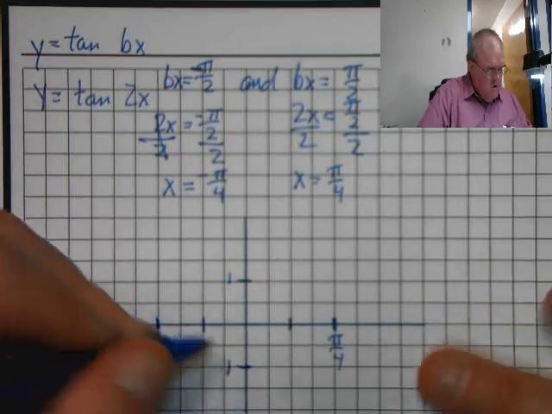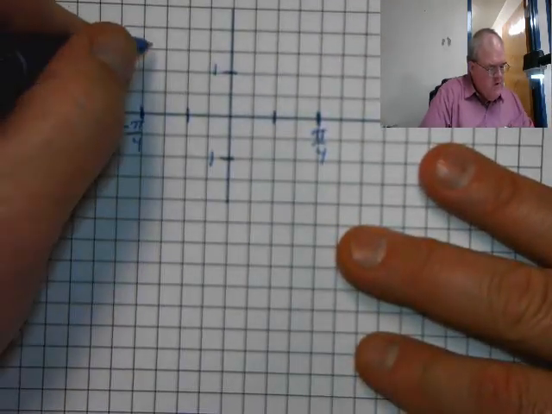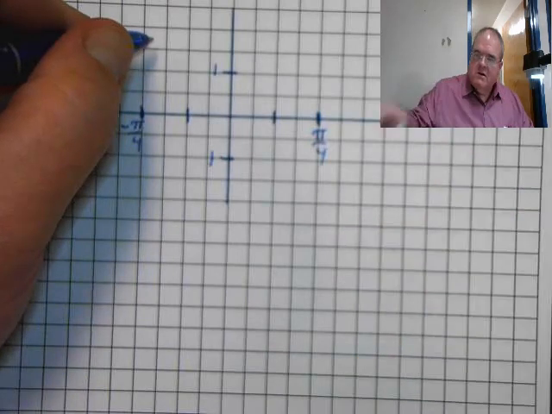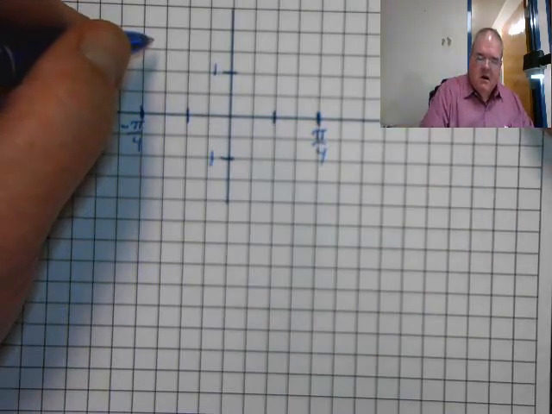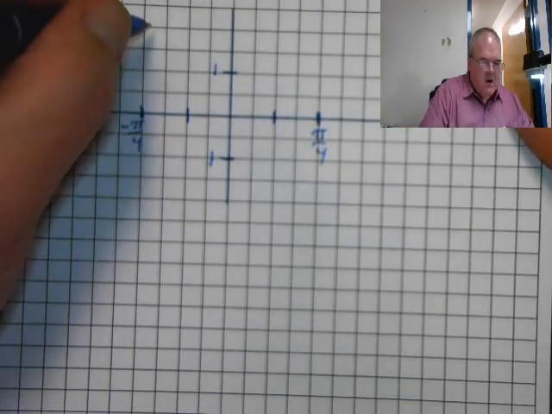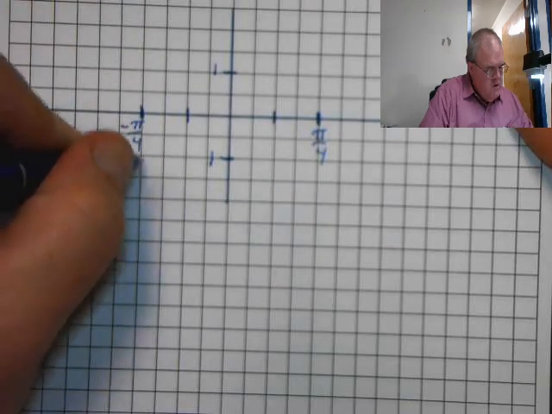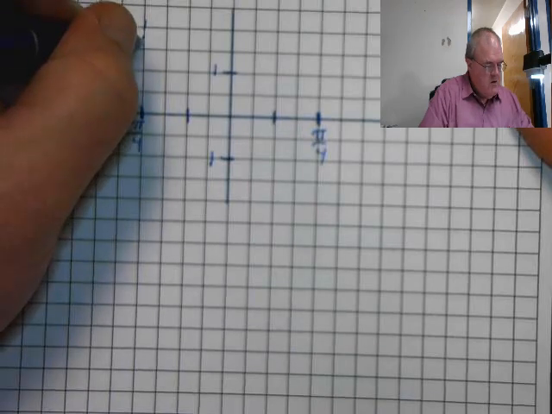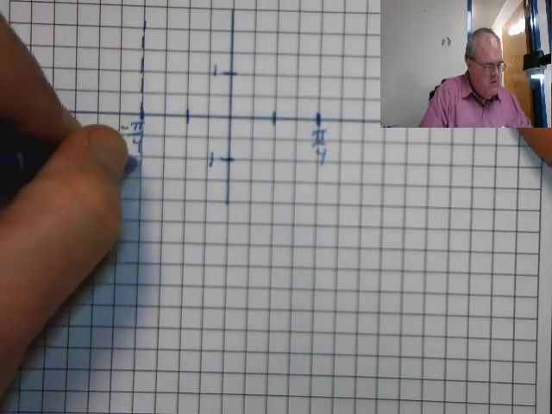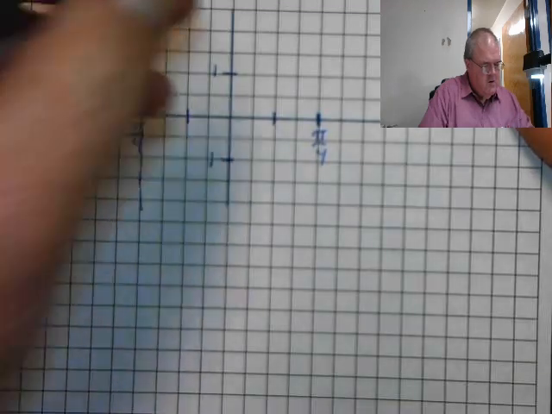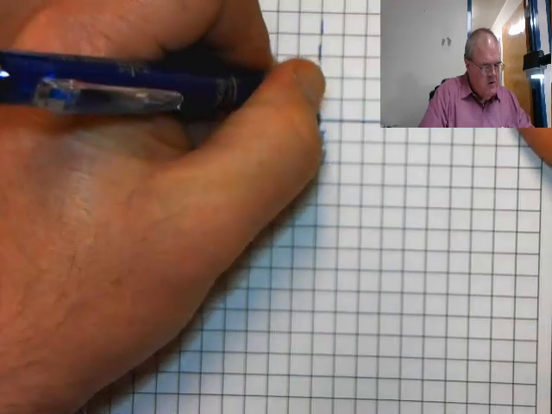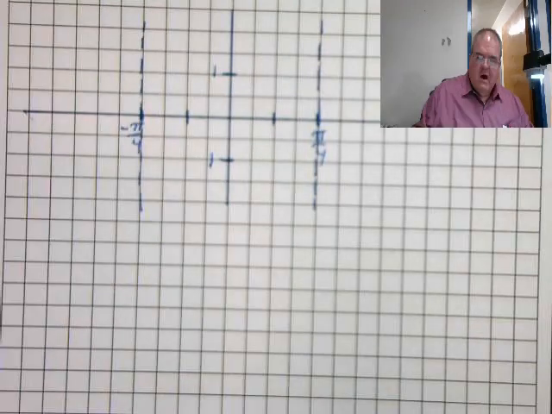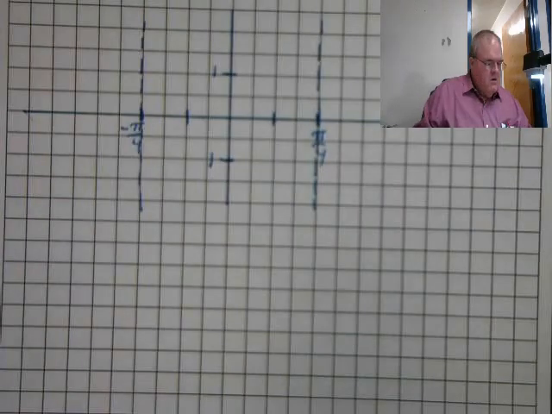So I'm going to have 1 and 1. So what I'm going to see for the tangent is that I'm going to have my asymptotes at pi over 4 and at negative pi over 4.